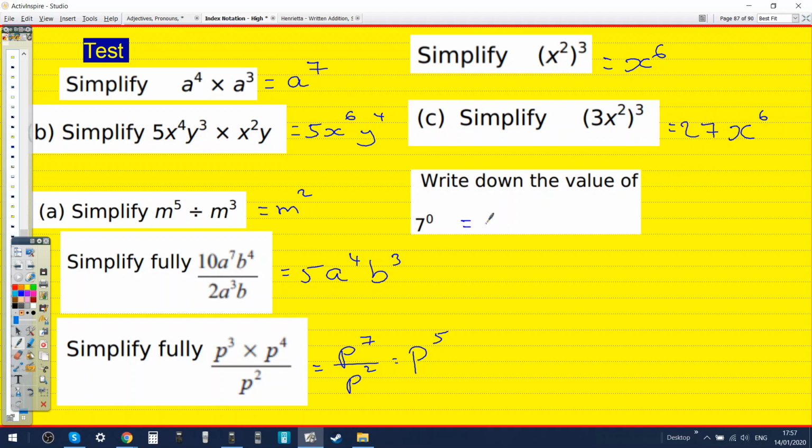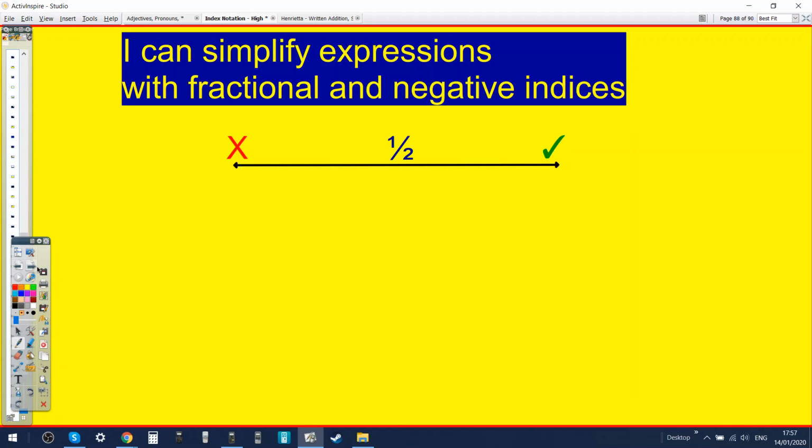And last one? 1. Well done. So what would you give yourself overall?